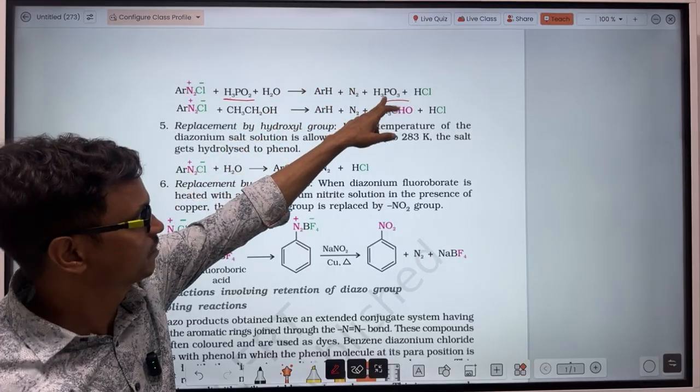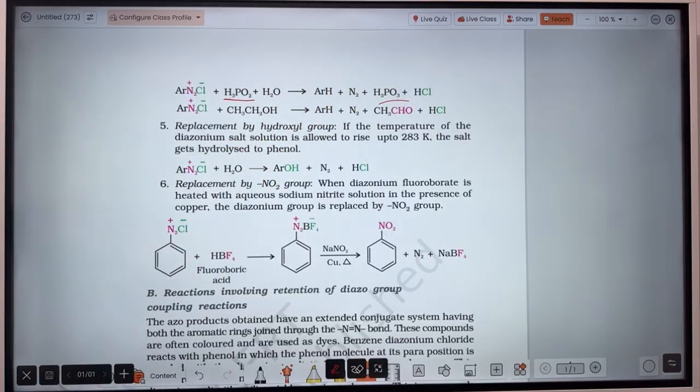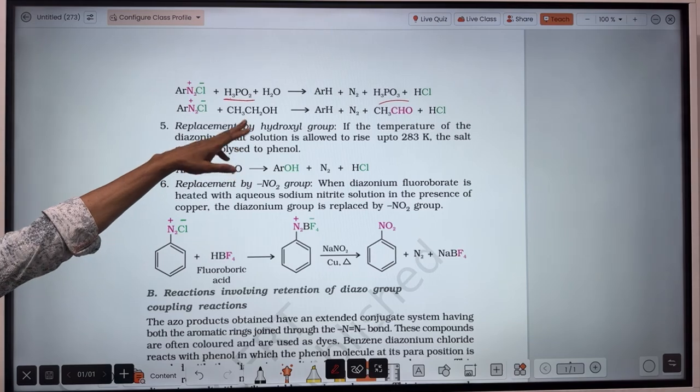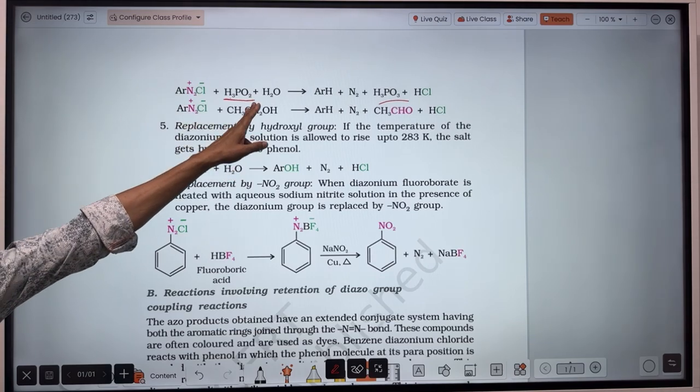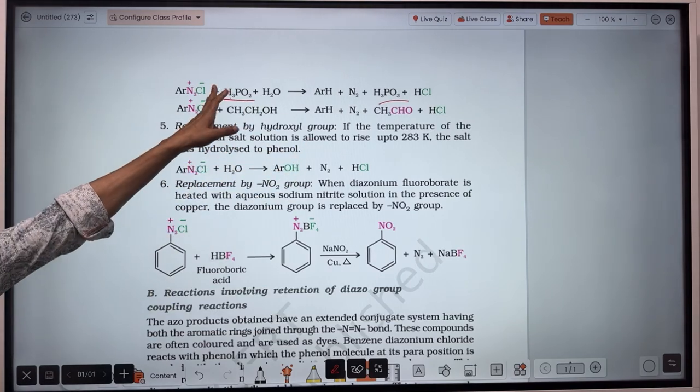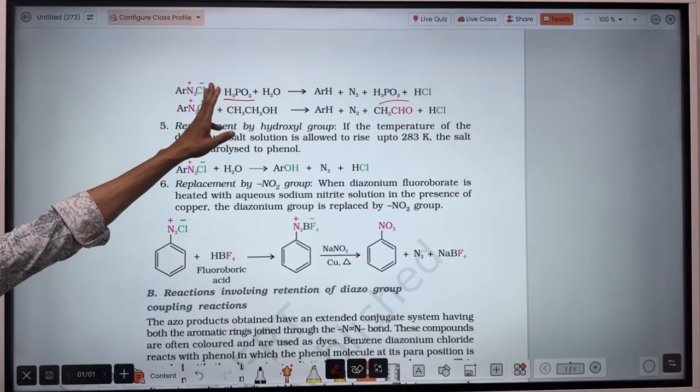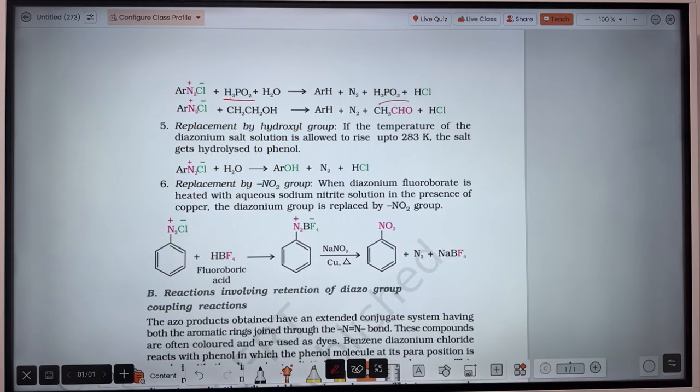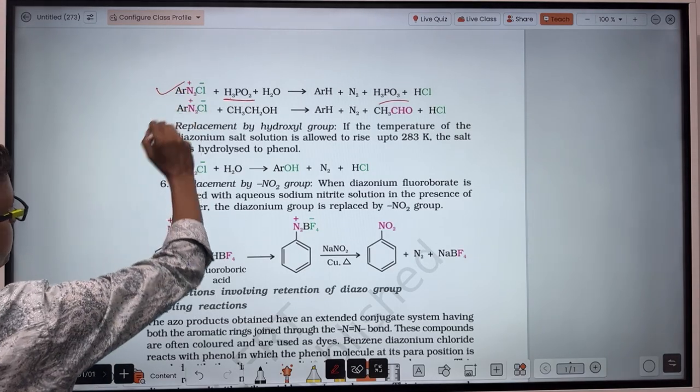The chlorine combines with the hydrogen released from hypophosphorus acid to form HCl, and nitrogen is released. So that gives this compound, benzene.